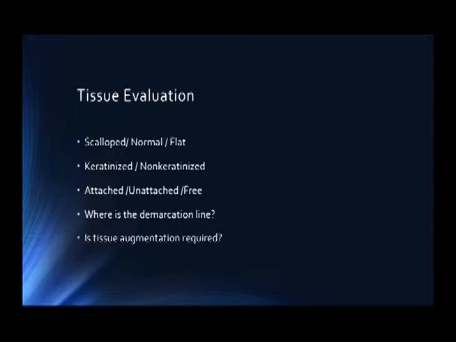We want to know where the attached, the unattached, and the free gingiva is, and we want to know where the demarcation line is. And why do we need to know all that? Well, we need to figure out whether we need some tissue augmentation for our particular client's situation.